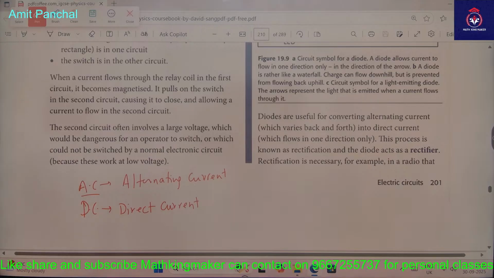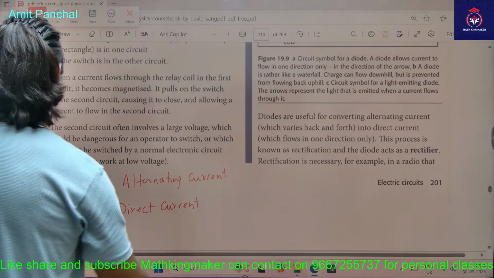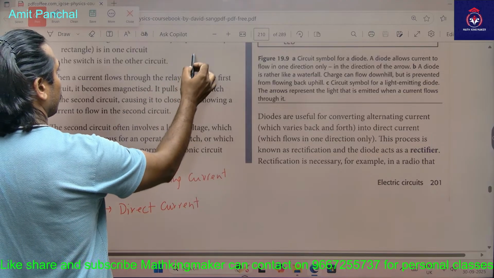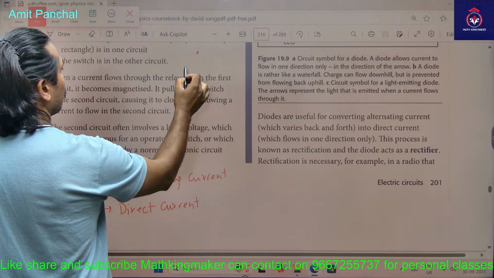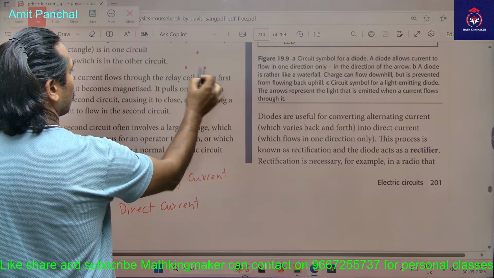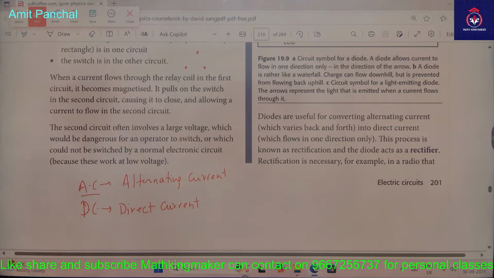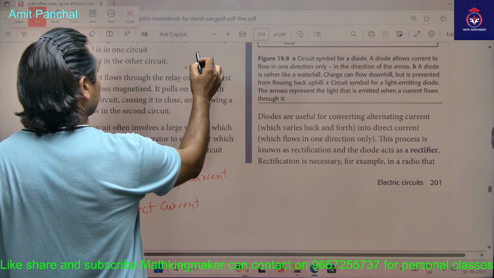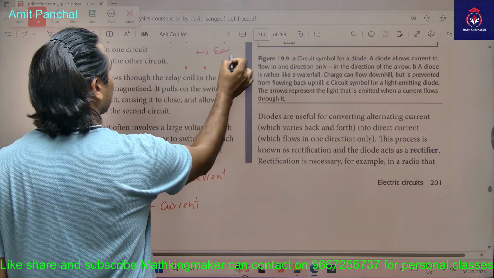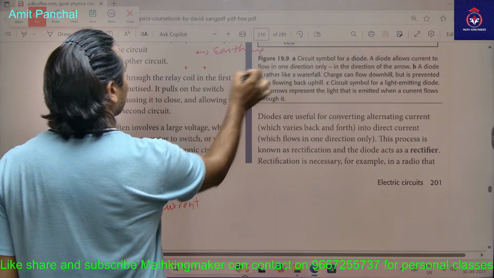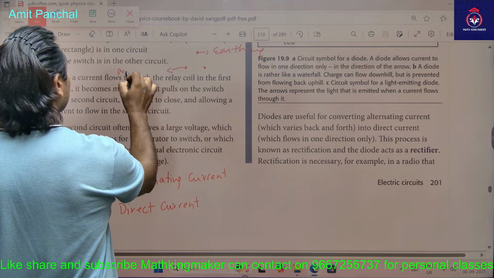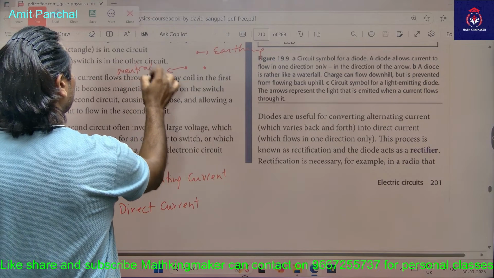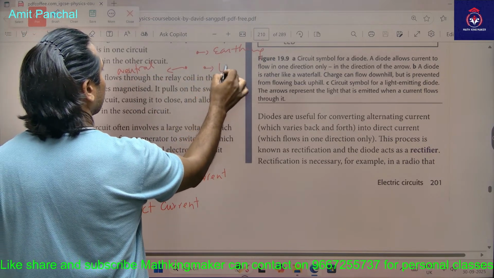That point is said to be the AC point. It has 3 holes, isn't it? This one is earthing, this one is neutral, the black one, and this one is live.